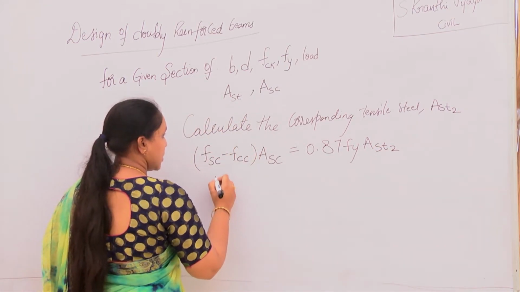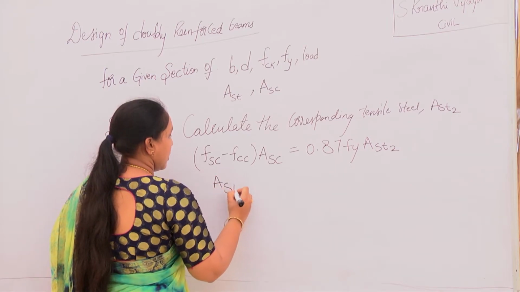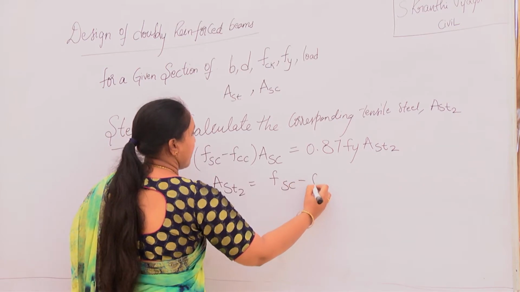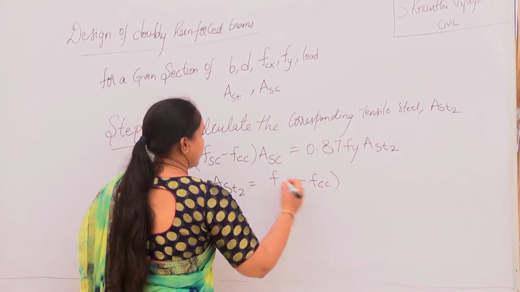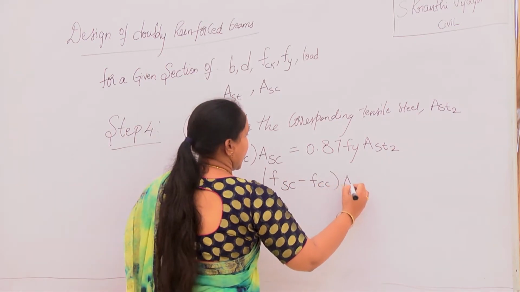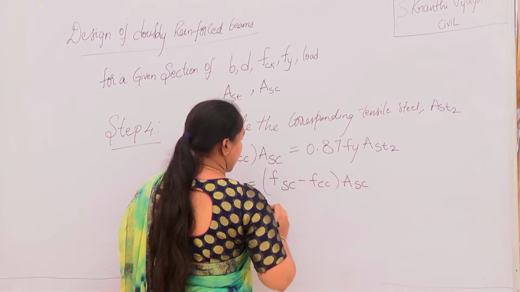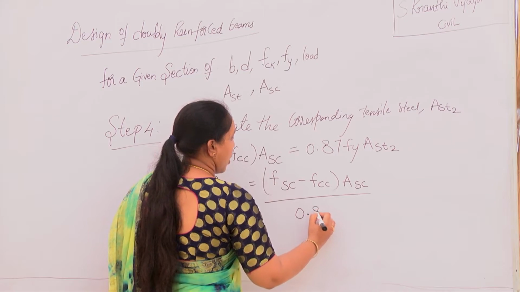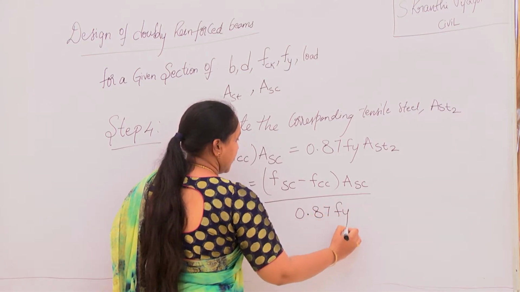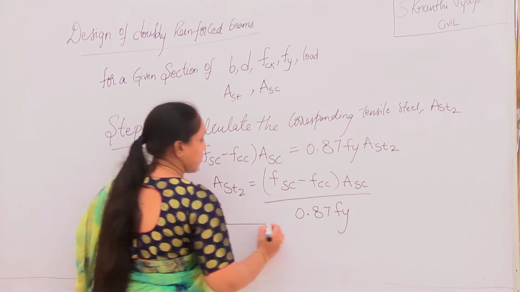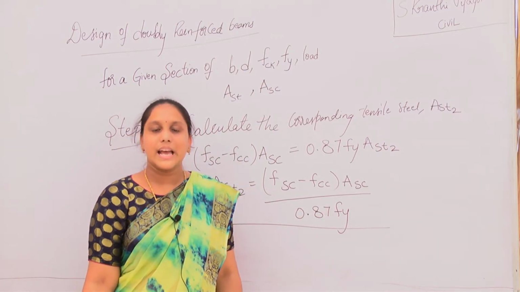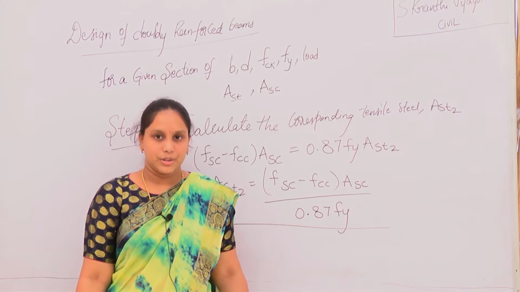From this you can calculate the value of Ast2 as (Fsc minus Fcc) into Asc divided by 0.87 Fy.